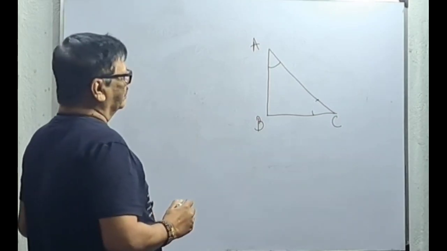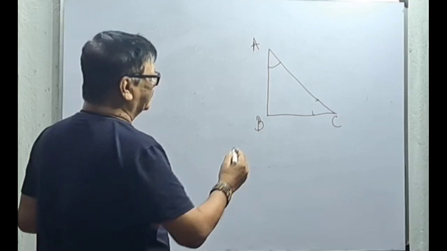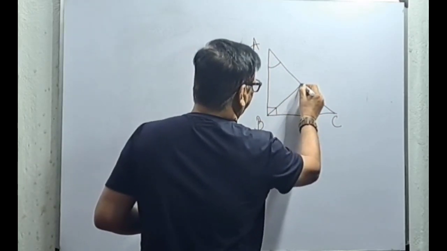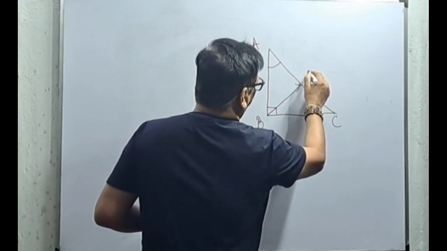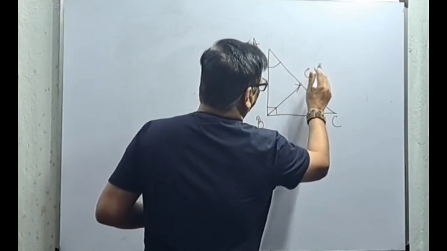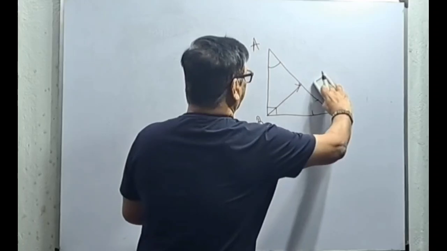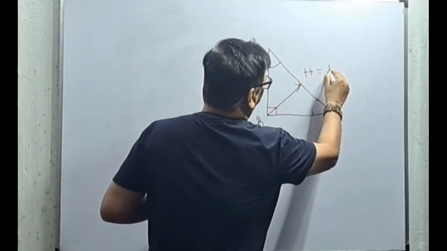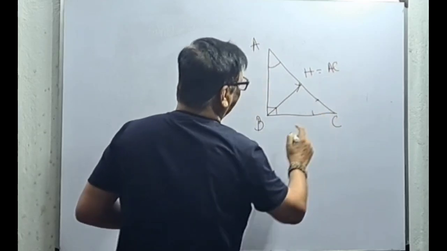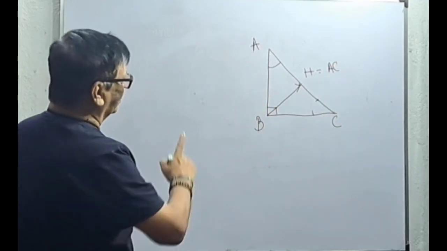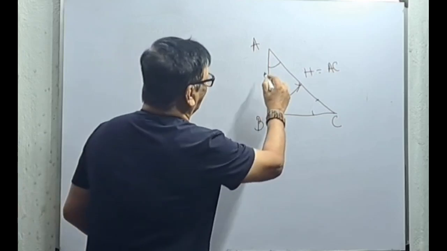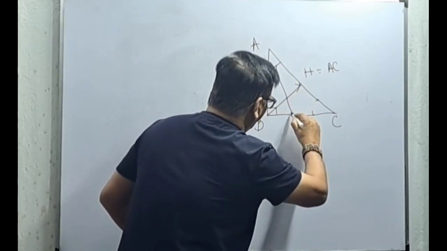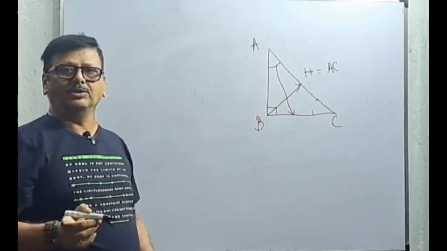If you talk about the hypotenuse, it remains the same, H remains equal to AC. But now the angle has changed, so the perpendicular is this other side.